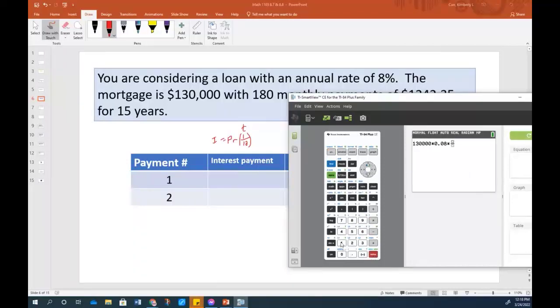Now I could just use parentheses and put 1/12 in the parentheses, or 1 divided by 12 in parentheses. This is the PRT as you go across there. So I'm going to hit enter, and what I see is that this interest is approximately $866.67.